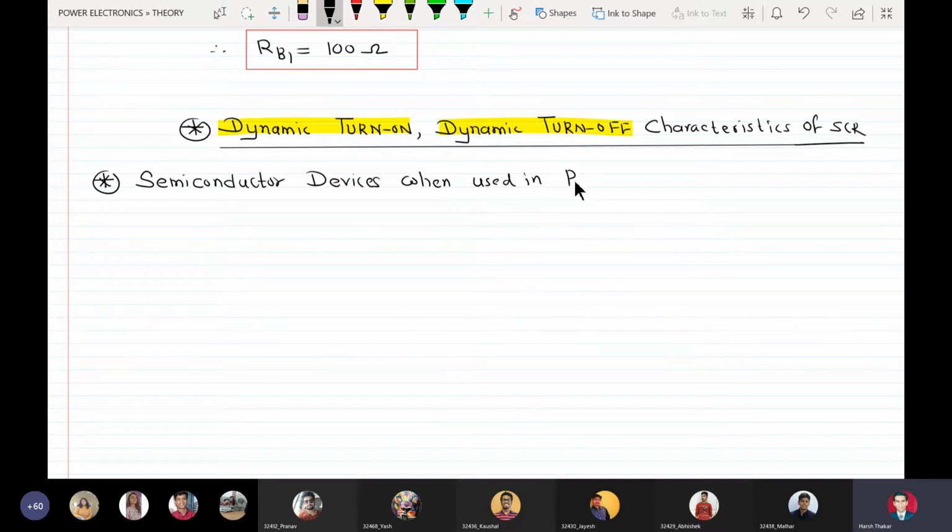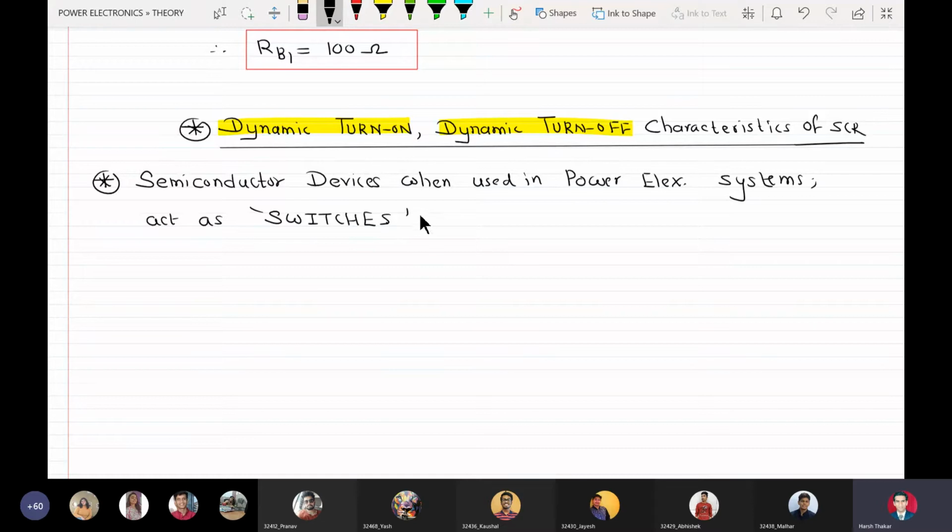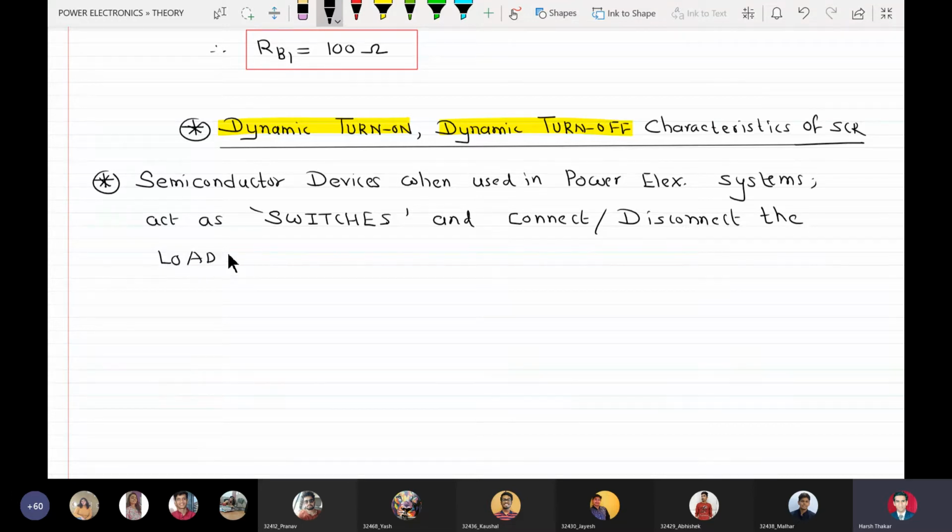when used in power electronic systems act as switches and connect or disconnect the load from the source.